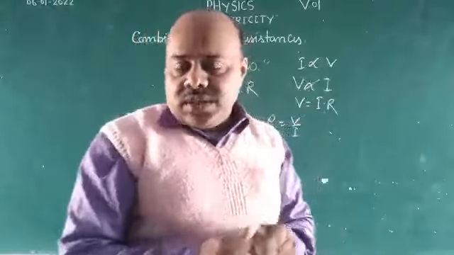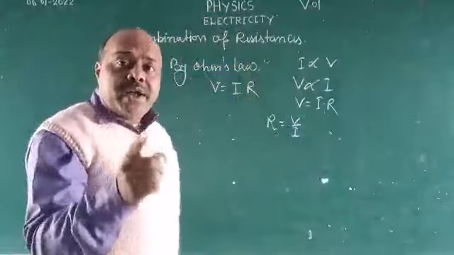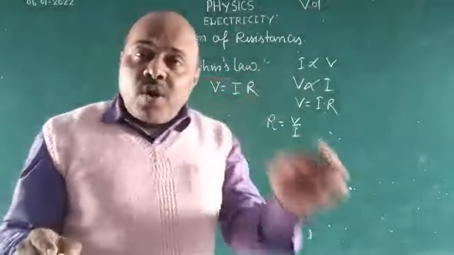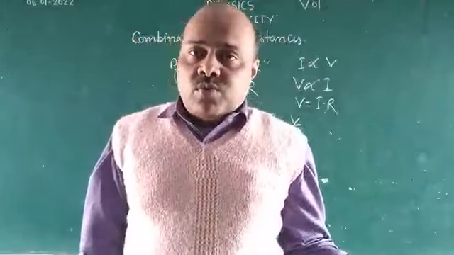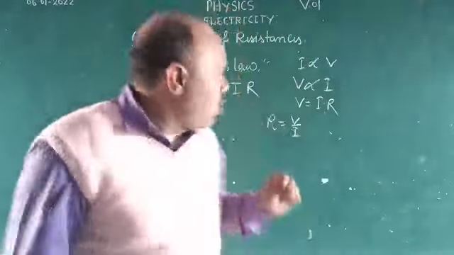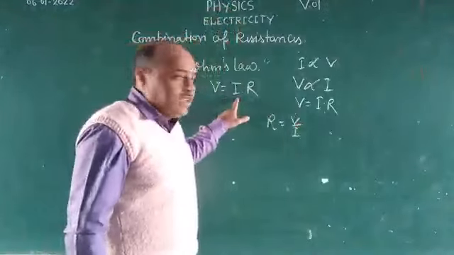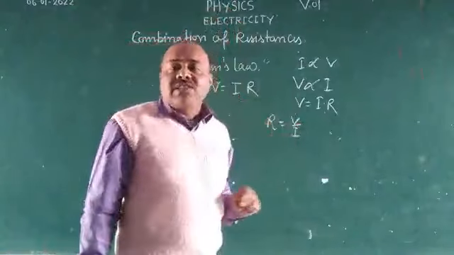Dear student, we require the combination of resistances for small and large amounts of current in electrical appliances. The current I depends upon the potential difference and the resistance also.